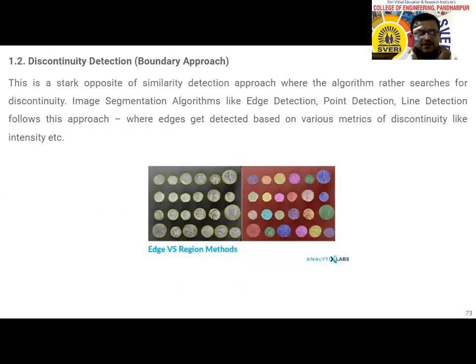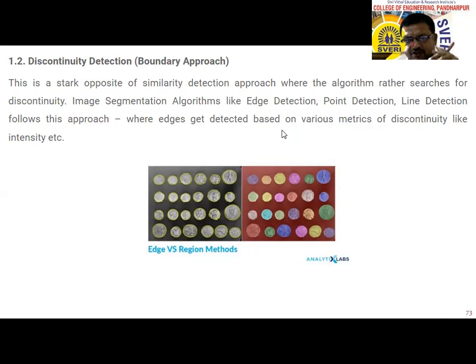Now the second, discontinuity detection, that is the boundary approach. See from this figure, just boundaries have been taken. This is a stark opposite of the similarity detection approach, where the algorithm rather searches for discontinuity.